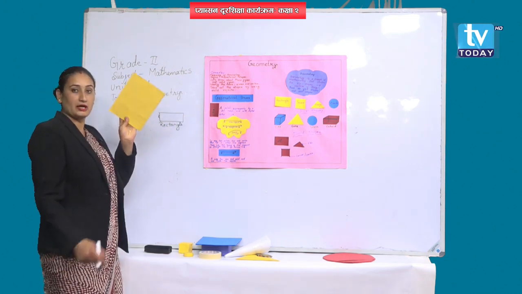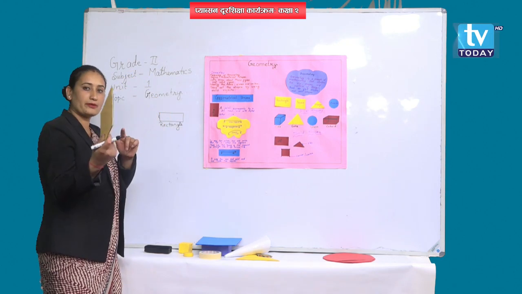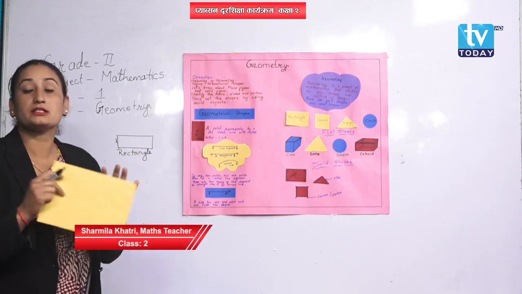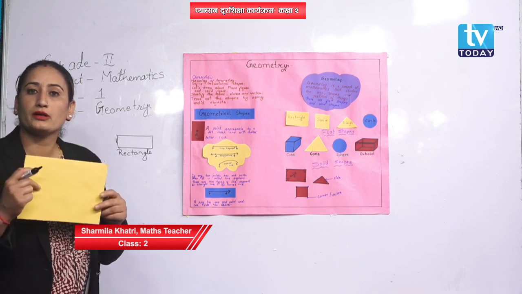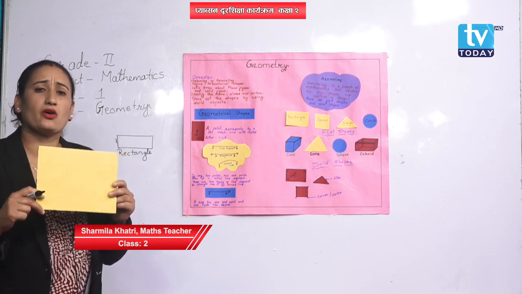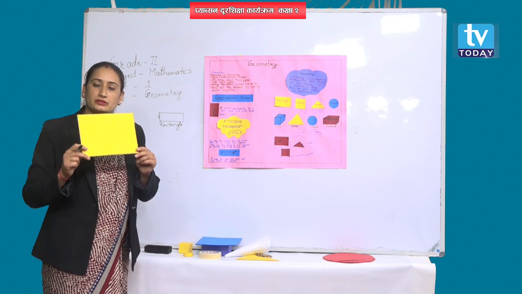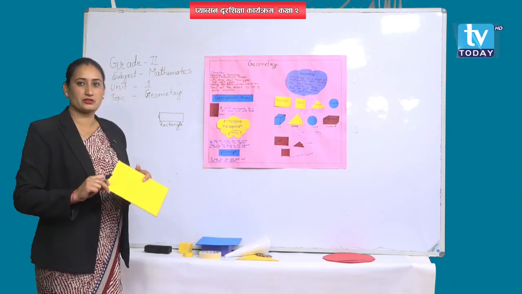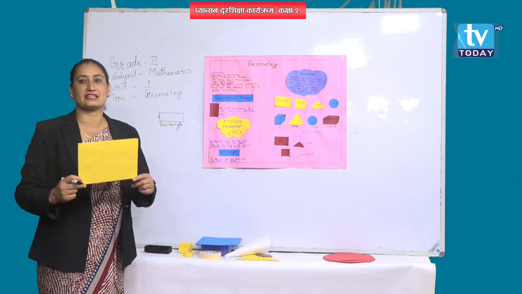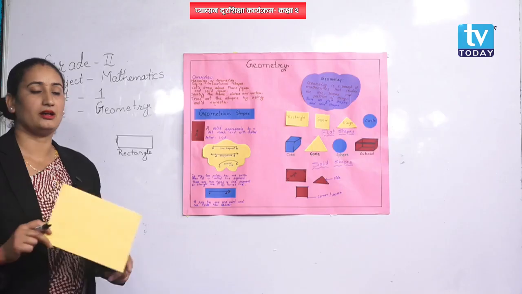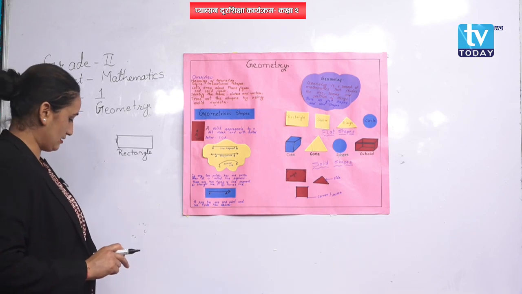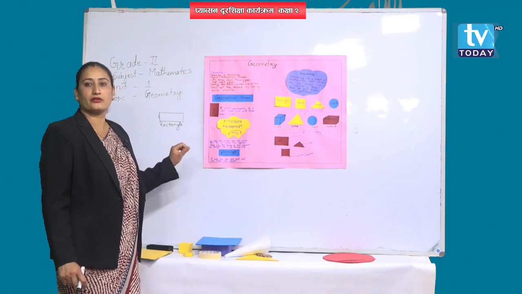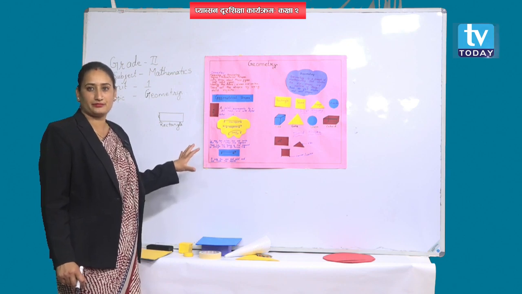You can trace it from your notebook and your paper also, because books, notebooks and papers are all rectangular in shape. But it seems very big in size, right? Next, the board which we are using is also rectangular in shape.